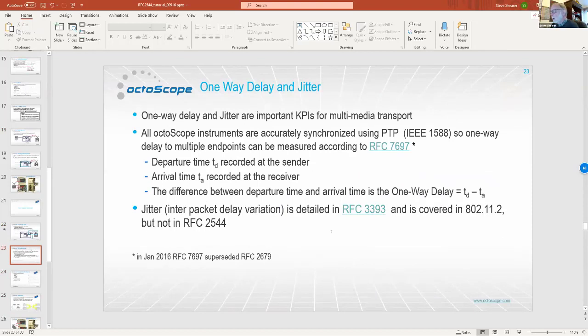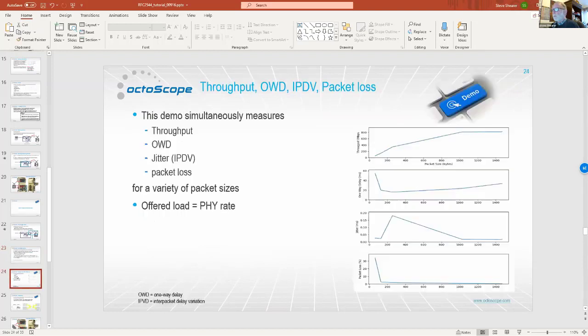Okay, so while we're measuring one-way delay, and since we are timestamping these packets as they come in, it's a convenient point to measure jitter. Jitter is the time difference between the arrival times of these packets, and there's an RFC that covers that.